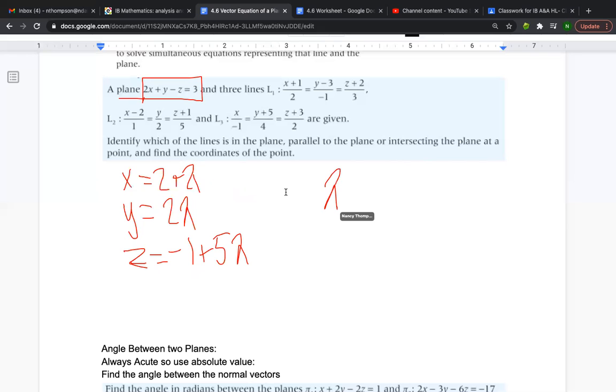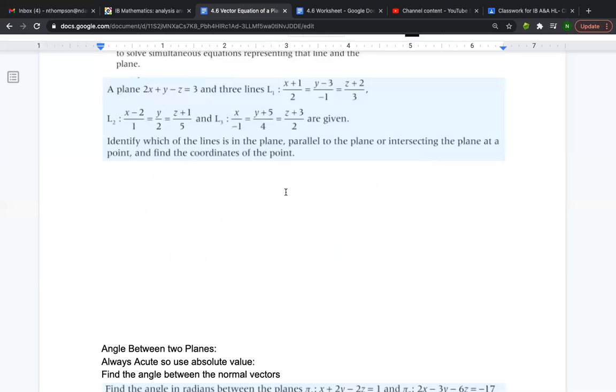You should get that lambda is equal to 2. Once you get that lambda is equal to a specific number, you're going to plug it back into these x, y's, and z's, and that will give you the specific point where they intersect. So that is 4, 4, 9 should be your final answer. So this has one common point. So this is an example of line M in the picture above.